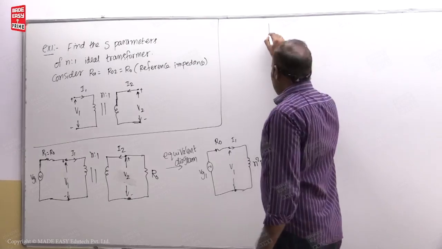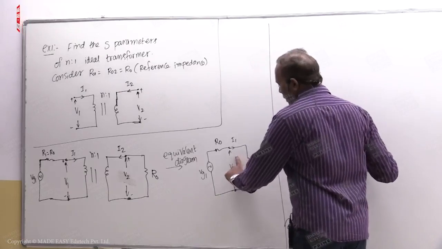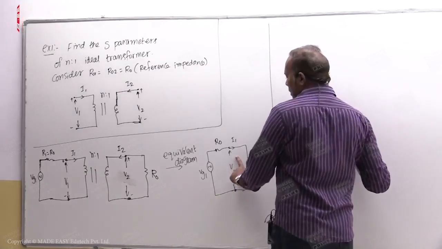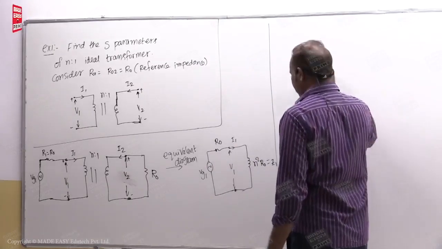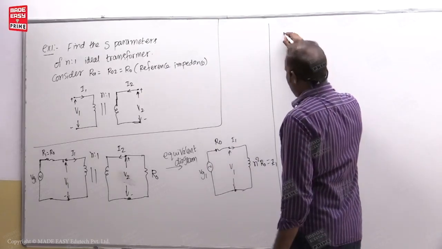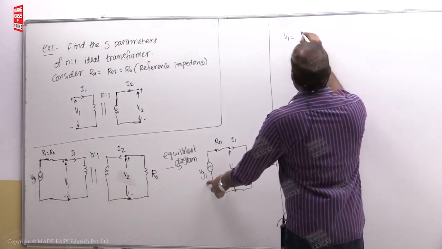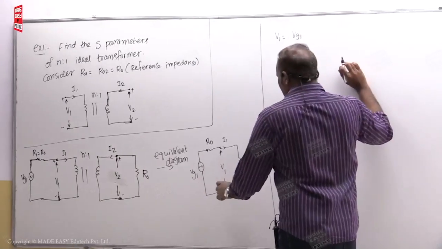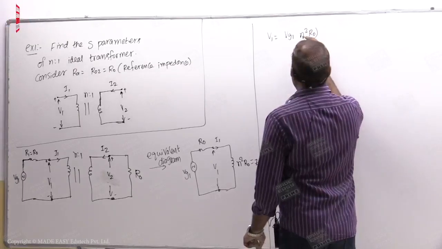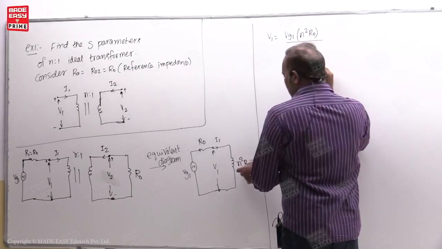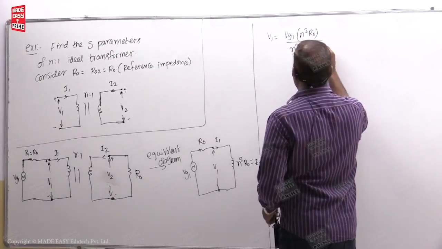Now students, this V1, you find in terms of VG1. V1 is equal to the voltage across this, equal to VG1 multiplied by this impedance, that is n square R0, divided by this impedance plus this impedance, that is n square R0 plus R0.